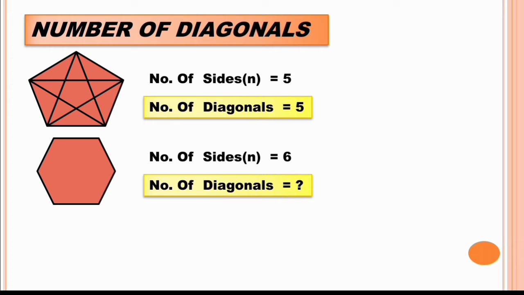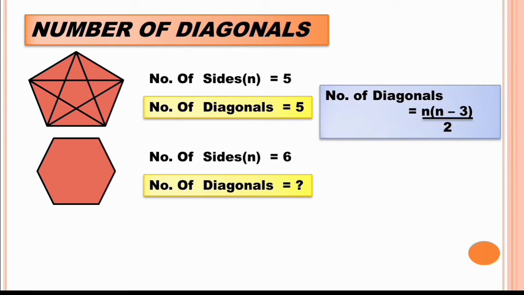Do we have to draw the diagonals every time, or is there any shortcut formula? Yes, students, there is a formula for finding the number of diagonals of a polygon, and that is n into n minus 3 upon 2, where n is the number of sides of the polygon. Now with the help of this formula we can easily find the number of diagonals of this hexagon.